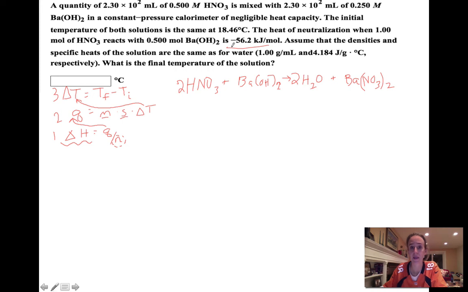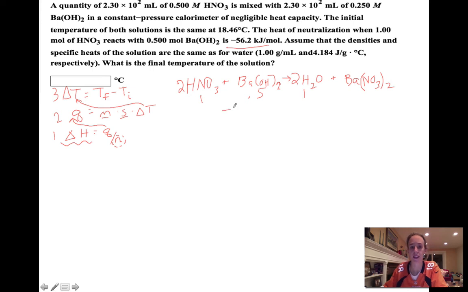Now, one thing that was given to us in this information about the heat of neutralization is that this is the amount of heat given off, because there's a negative sign there, when 1 mole of nitric acid reacts with half a mole of barium hydroxide. So when that's the case, if we have 1 mole here and half a mole here, because the coefficient of 2 on the water is the same as the nitric acid, that means I'm getting 1 mole of H2O.